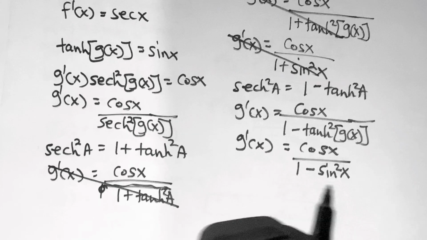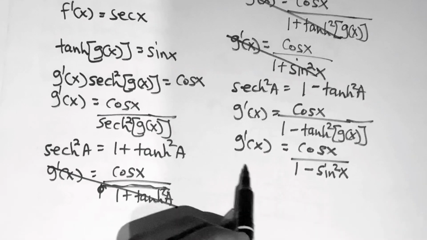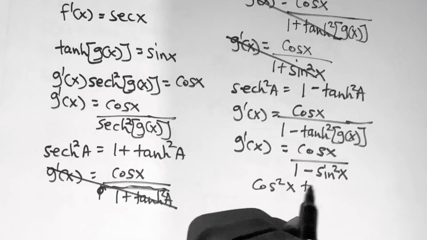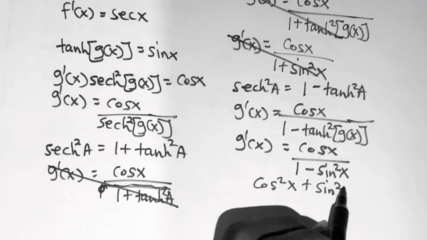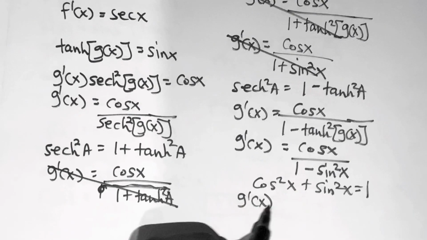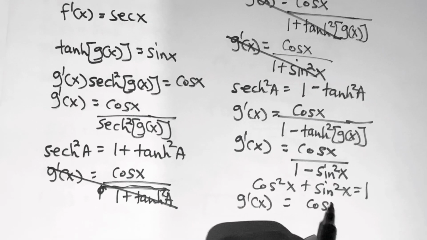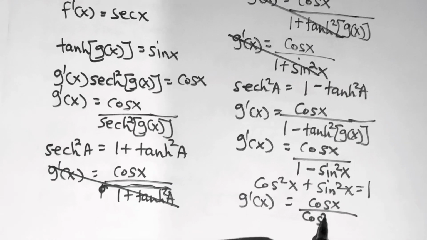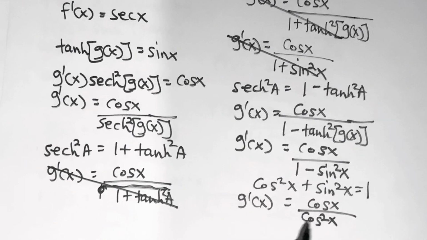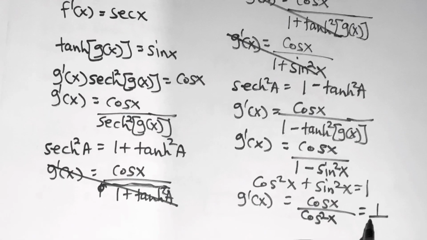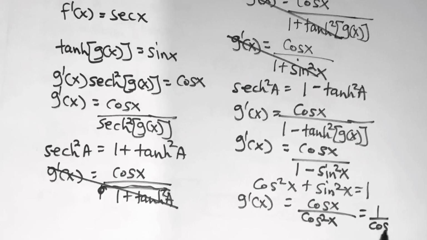And then 1 minus sine squared x is cos squared x from trig identities, because cos squared x plus sine squared x is equal to 1. So g prime of x is equal to cos x divided by cos squared x, and this is equal to 1 over cos x.